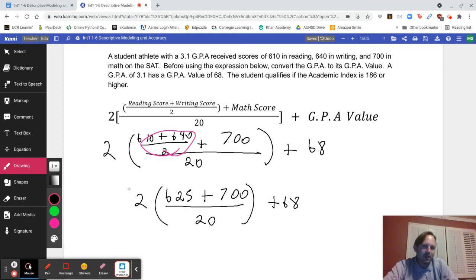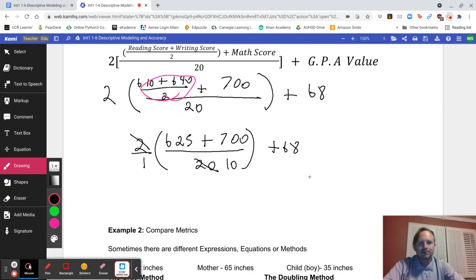So right now I can do a quick little thing. 2 over 20 would be 10. So then I can add these two together, then divide by 10, then add 68. Okay, so we have 1325 divided by 10 plus 68.